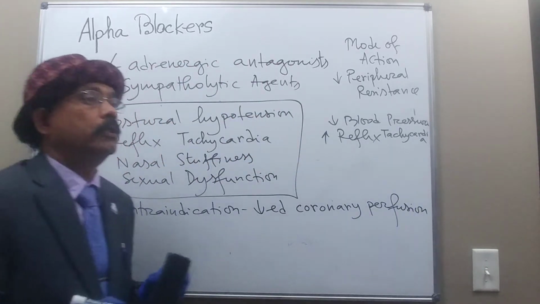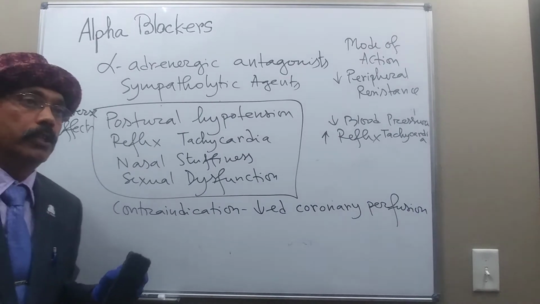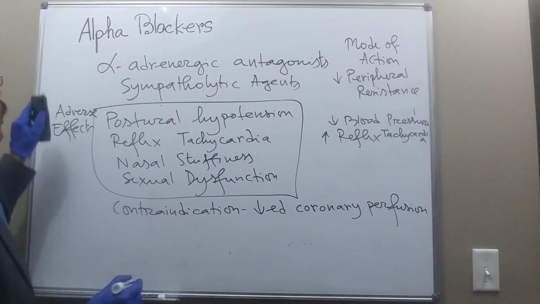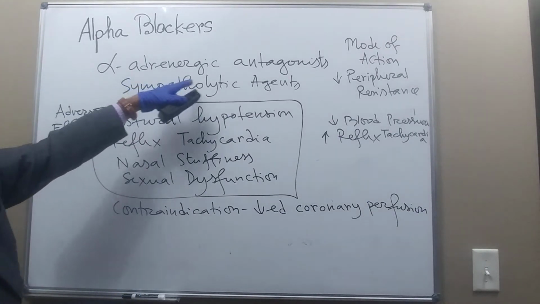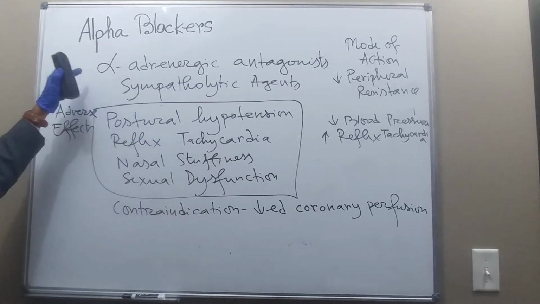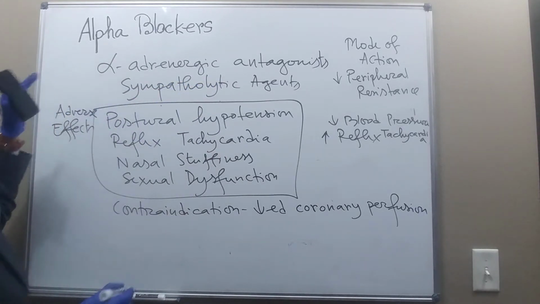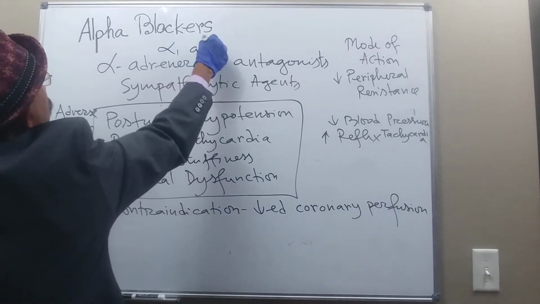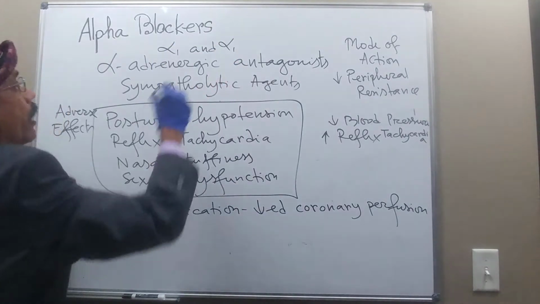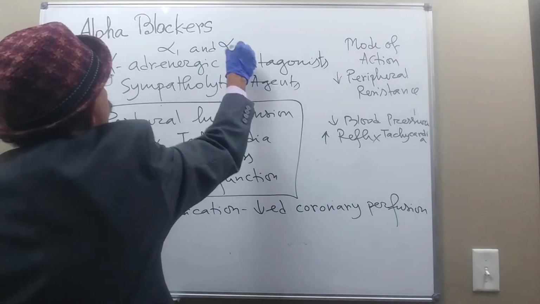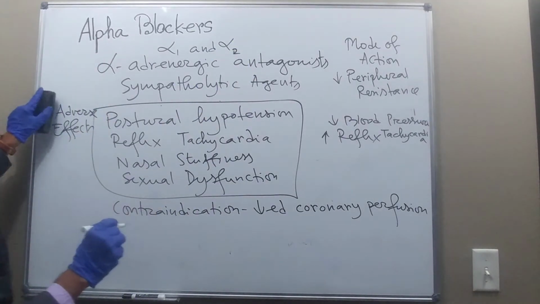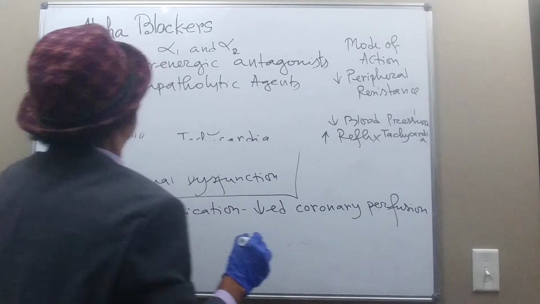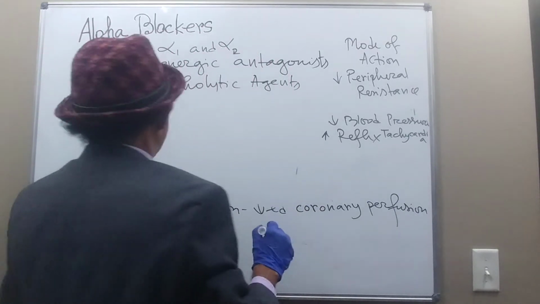Okay, we got the contraindication of the alpha adrenergic antagonists. These are non-selective, they work on both alpha-1 and alpha-2. They block both alpha-1 and alpha-2. We got that.